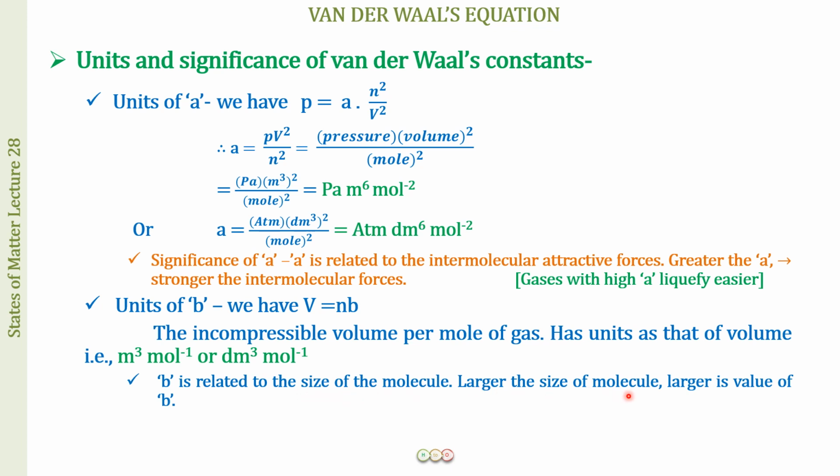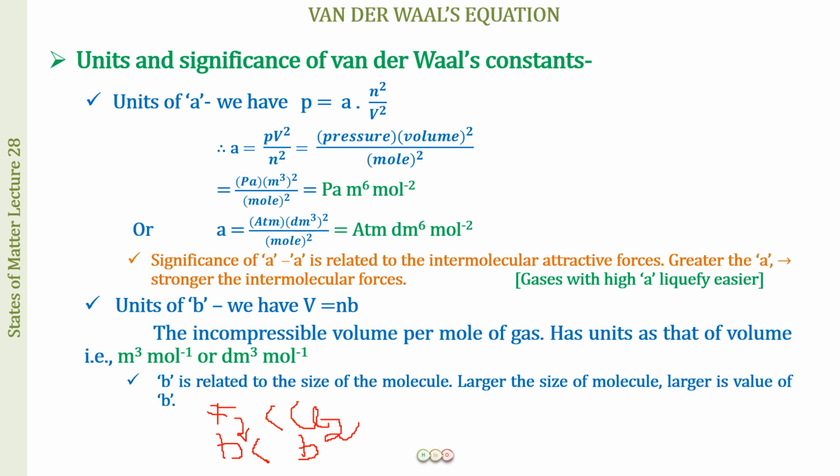Larger the size of the molecule, larger the value of B. So from your periodic classification, if I ask which of the two, fluorine or chlorine gas molecules, is larger in size, fluorine is smaller than chlorine. So the value of B is larger for chlorine than for fluorine.